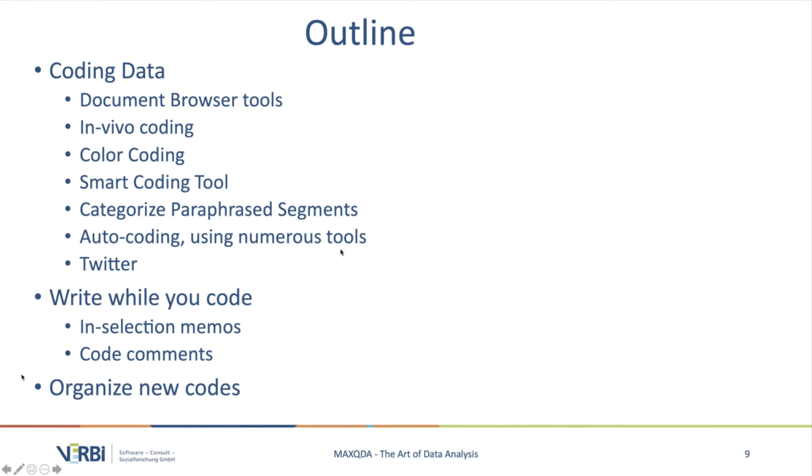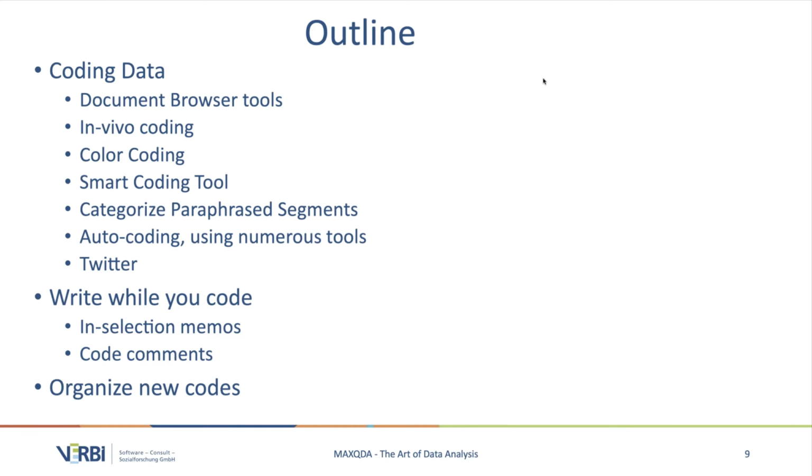But the plan for today is we're going to talk about the process itself, not of creating codes, although that will be a part of it. It won't be the primary purpose, but how you actually code your data, the tools that are available to you for doing that within the document browser and within the right-click menu.